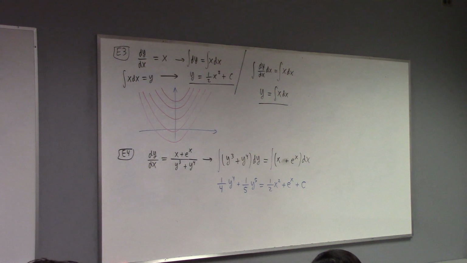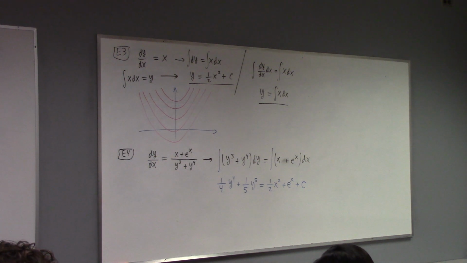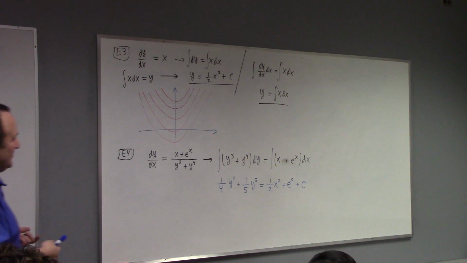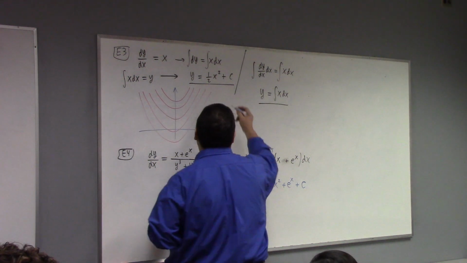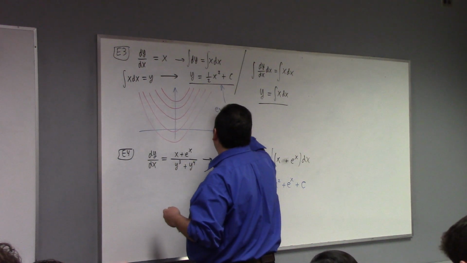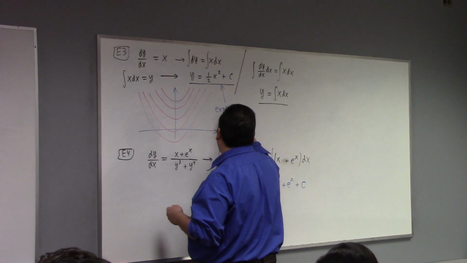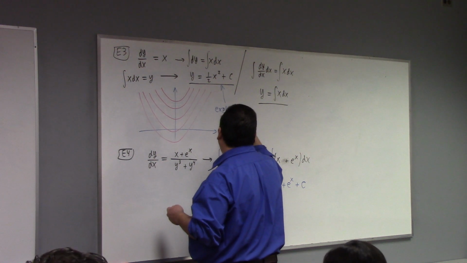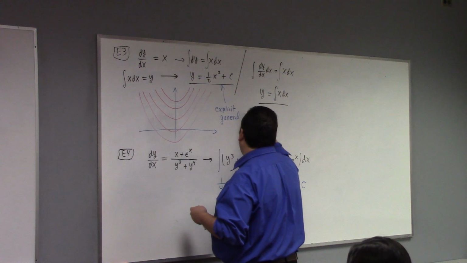All right, so at this point, I would point out in retrospect, we could have solved for y locally in examples 1, 2, and 3, right? In fact, example 3 is just straight up an explicit general solution. We have y as a function of x.